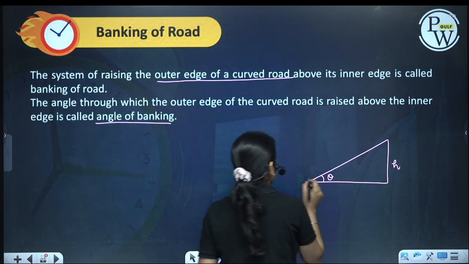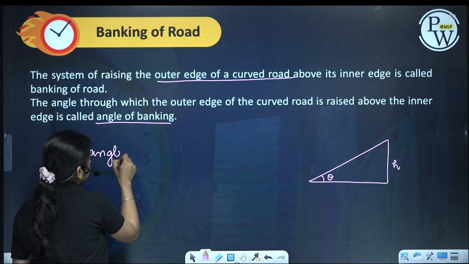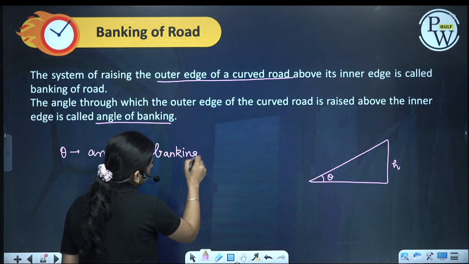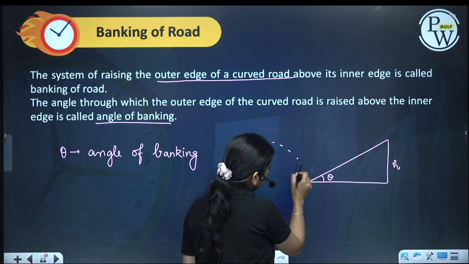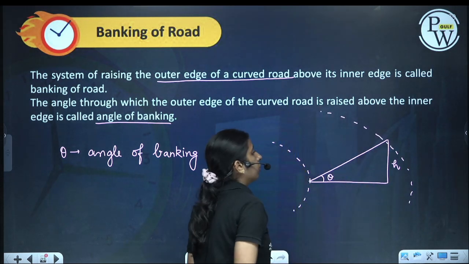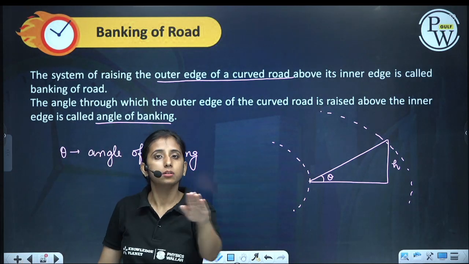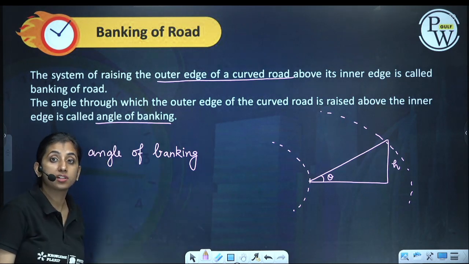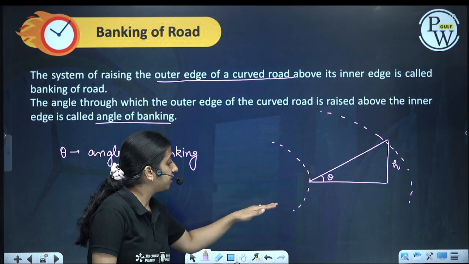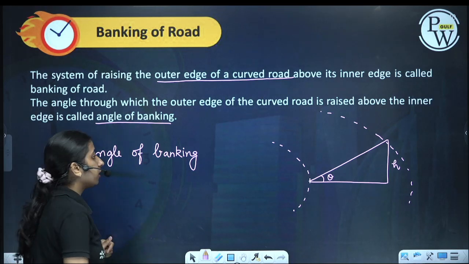This theta is called the angle of banking, and the circular turn will be like this. You have seen in race courses or car racing, Formula 1 or like this, the tracks are a little bit tilted. So this phenomenon is called banking of road.